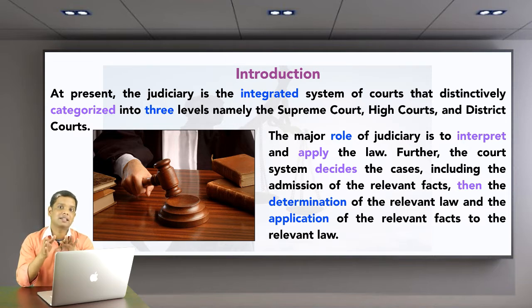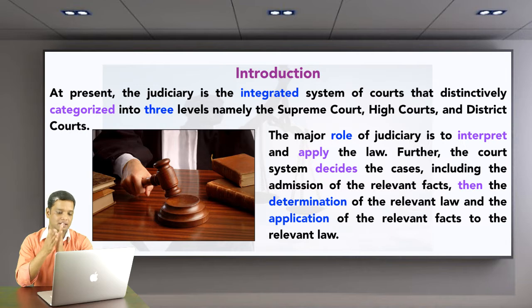Similarly, the state has a separate judiciary, but in India, a state does not have a separate judiciary. Rather, it follows from the center itself. So the Supreme Court is at the top, then High Courts that are in almost every state, and then District Courts. So it is a unitary system.